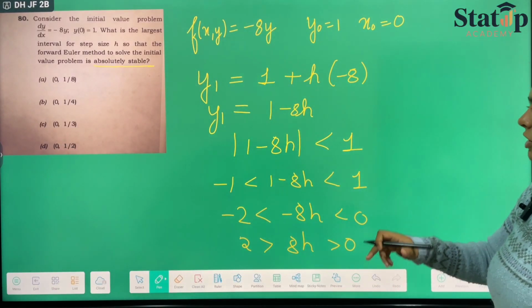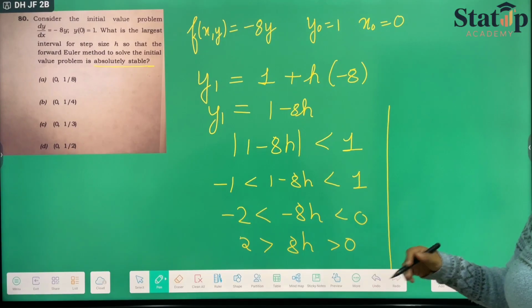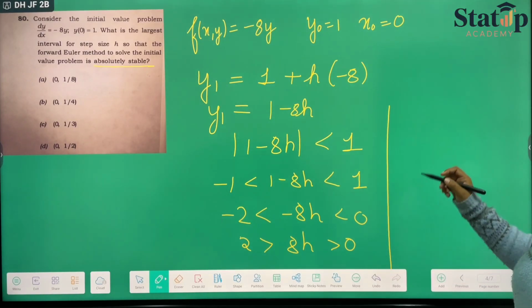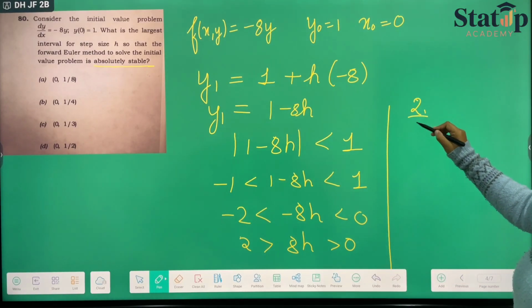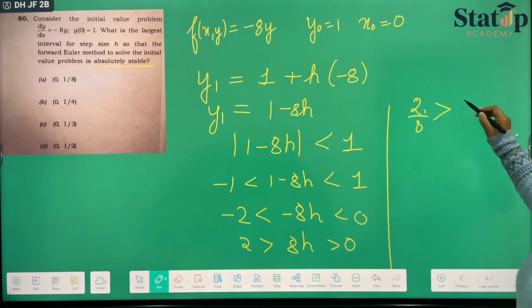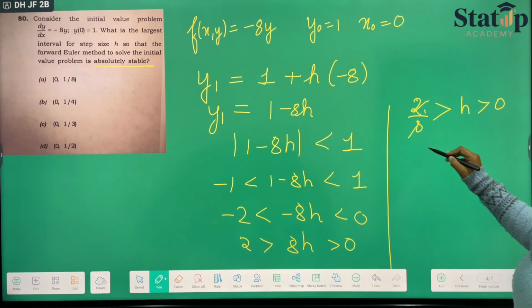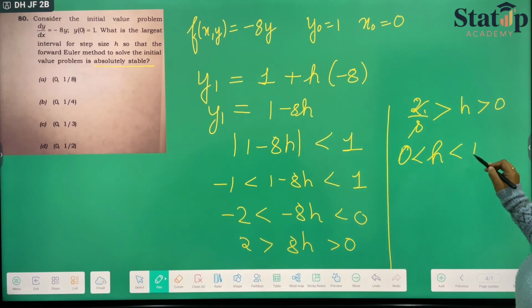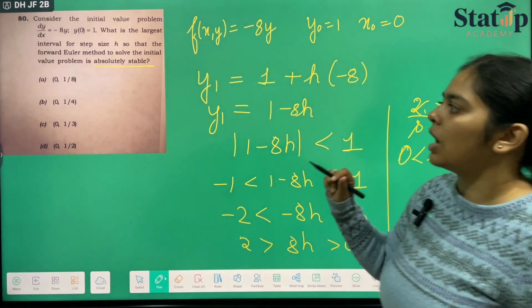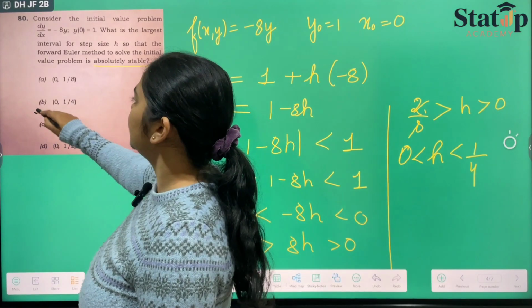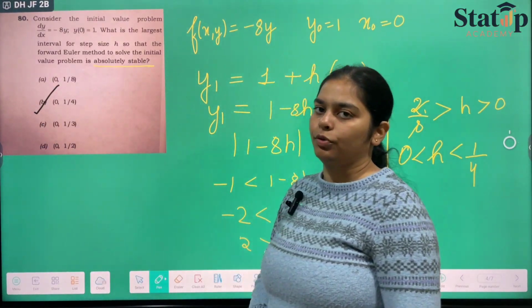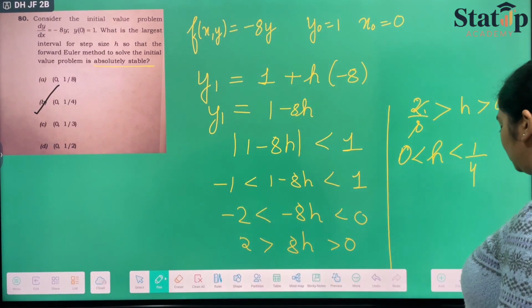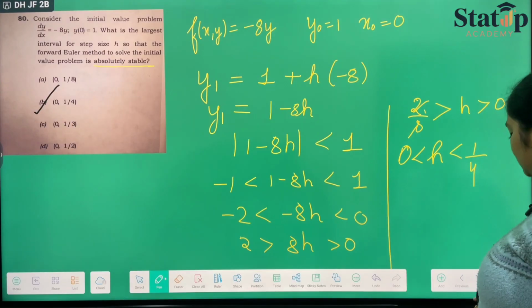Now we have to divide by 8 also, because we need to find the interval for h. So 2 upon 8 greater than h greater than 0 upon 8, which is 0 only. So h will lie between 0 and 1 upon 4, which is our option B. The limits are 0 and 1 upon 4 for the method to be stable for h. I hope this concept is clear to all of you.